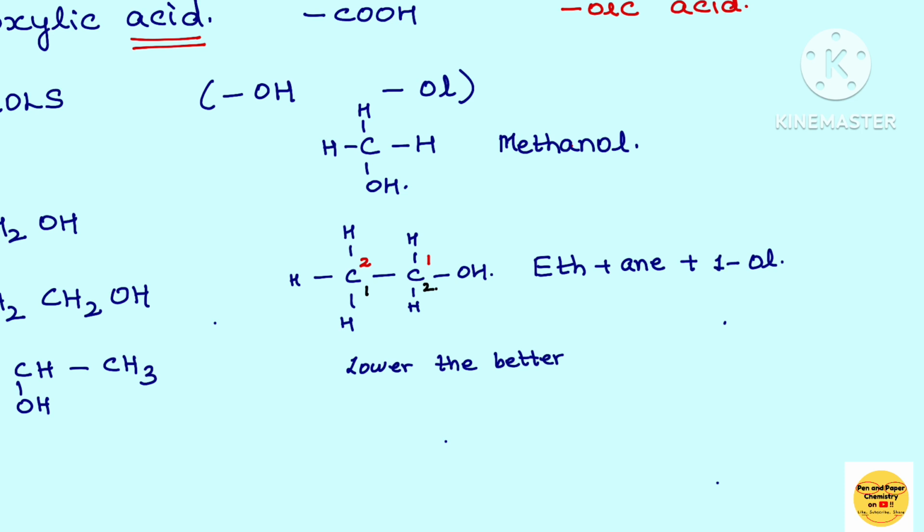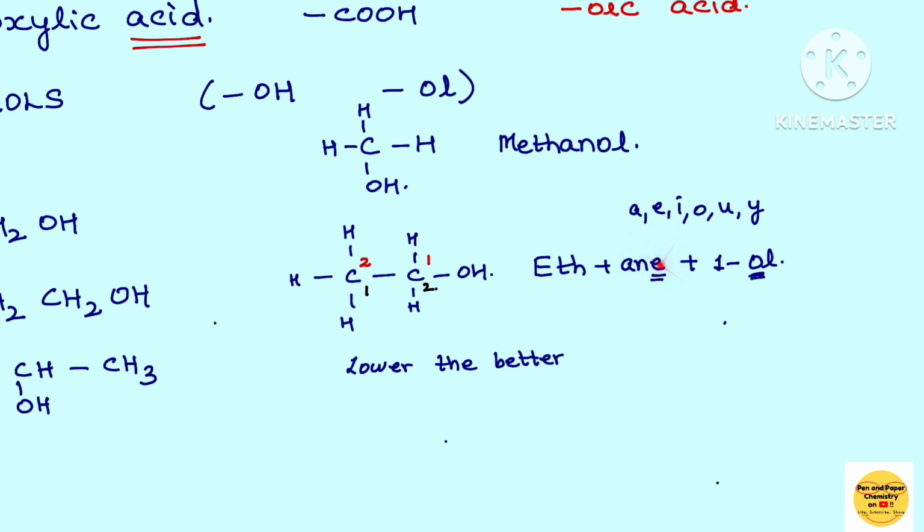So again, because this is a vowel, this is a vowel, A, E, I, O, U, Y, any of these, yes, I know Y is not a vowel, but we do consider it while naming organic compounds.